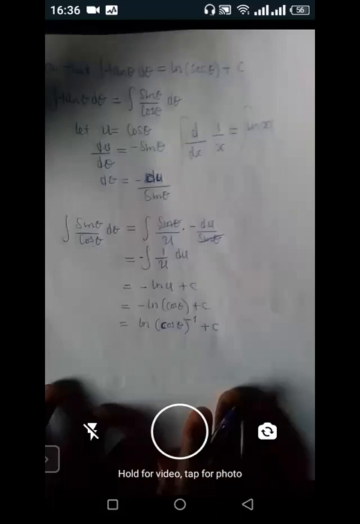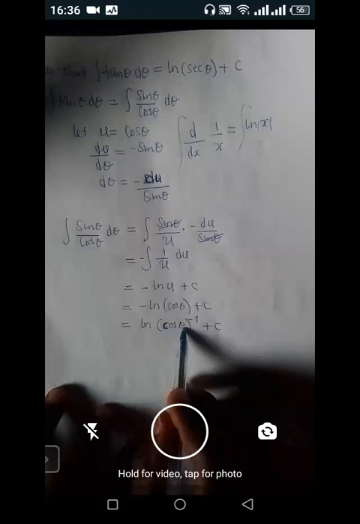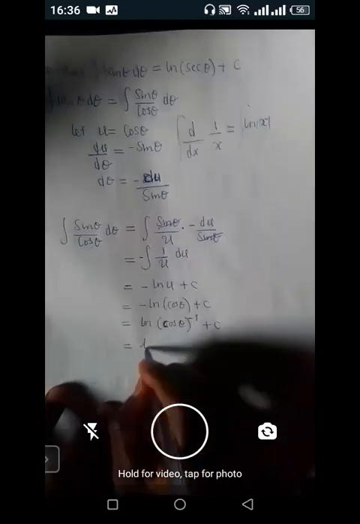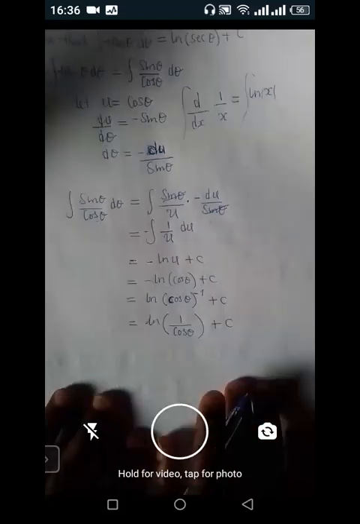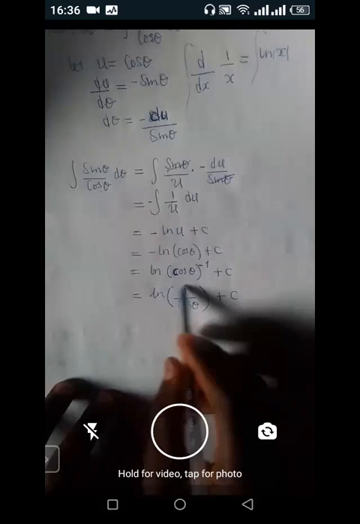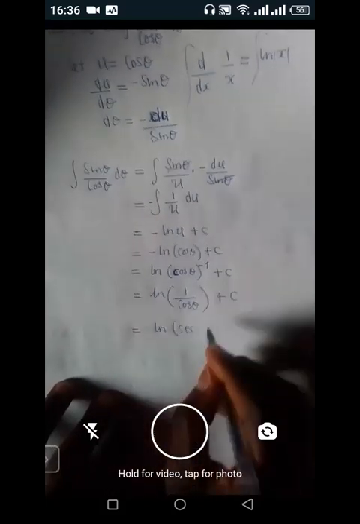When you have a negative power, this is equal to the ln of 1 over cos theta plus c. But this is familiar. This is equal to the ln of sec theta plus c. And you're done.